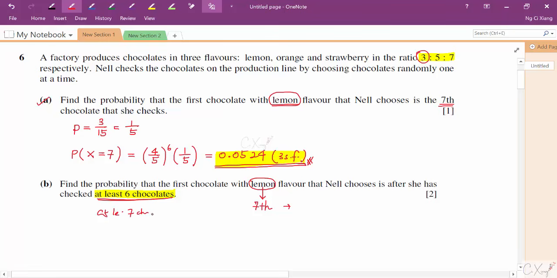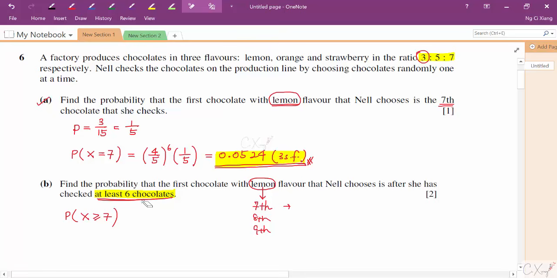If let's say 7 chocolates, that means the lemon will be the 8th flavor. If she inspected and got the lemon flavor after 8 chocolates, that means the lemon flavor will be at the 9th. So for this question, the probability they want us to calculate is that the number of chocolates she inspects is at least, that means greater than or equal to 7.